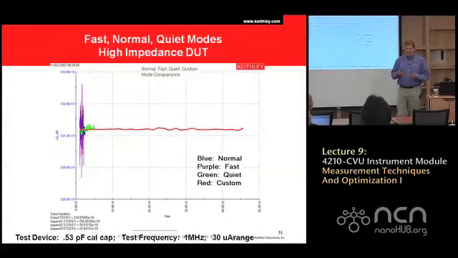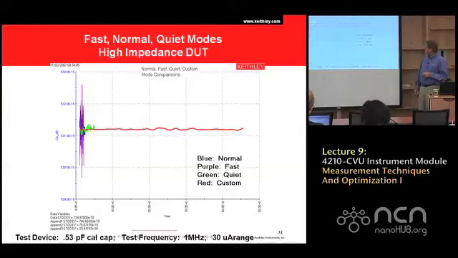Okay, so here's an example of measuring a half a picofarad capacitor, 500 femtofarad capacitor, and we first measured it with the fast mode, which is this large purple curve here. And we took the same number of samples. We just sampled versus time for fast, normal, quiet, and custom.